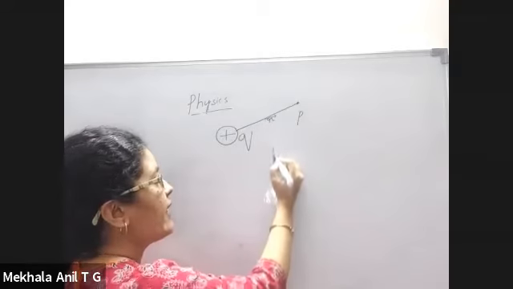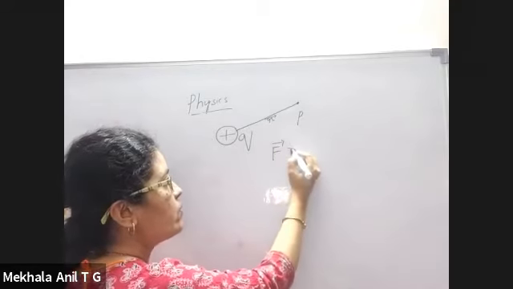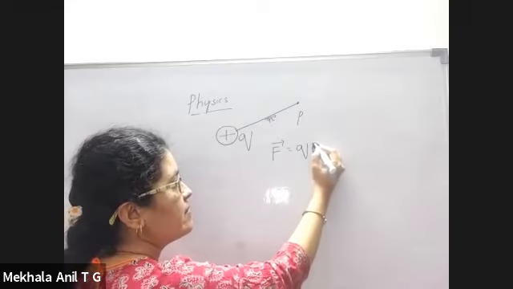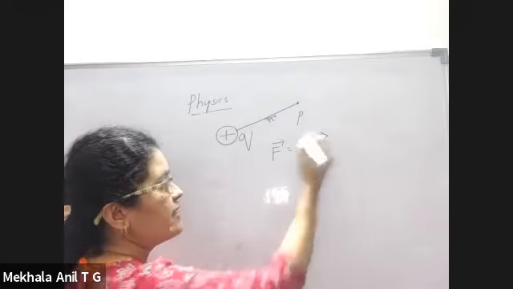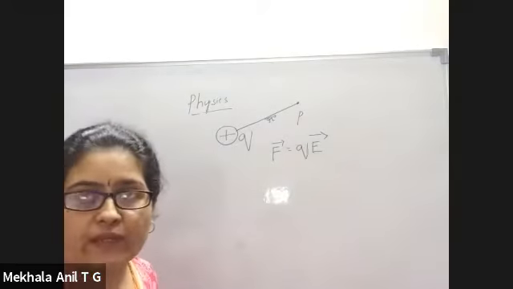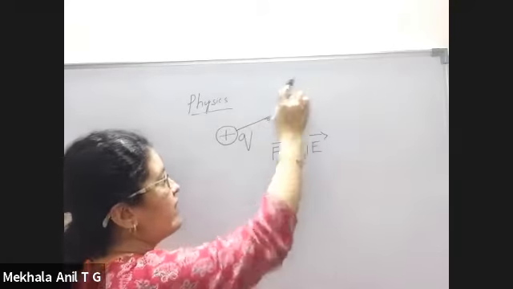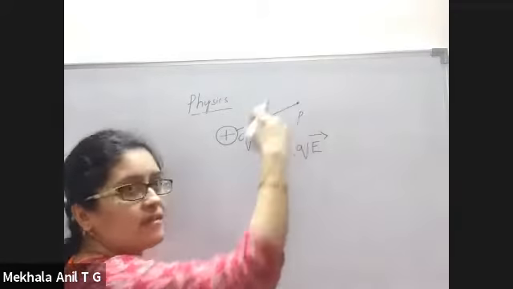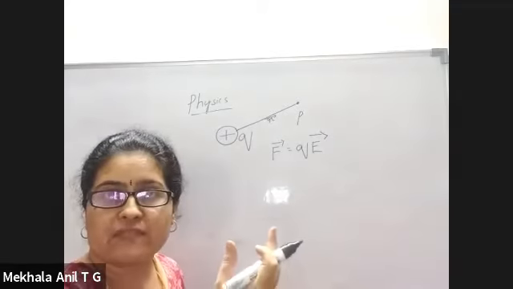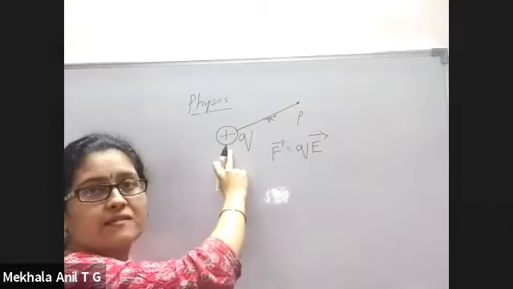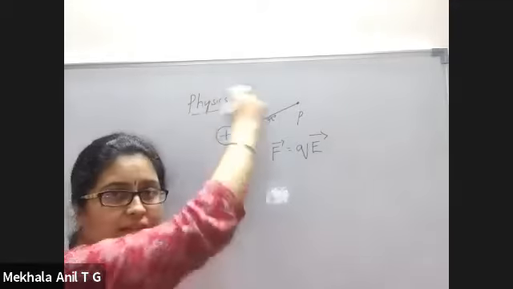It is F equal to Q times the field E, QE, where E is the electric field vector, which is present because a charge is present. The moment a charge is there, there is a field near it.